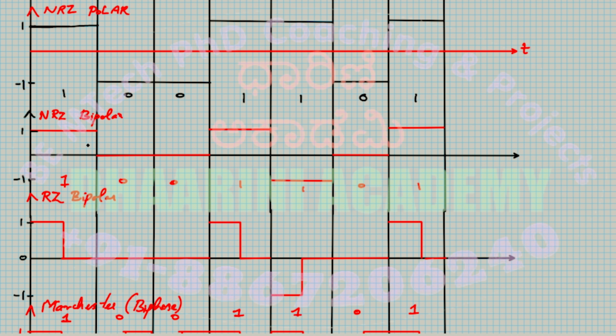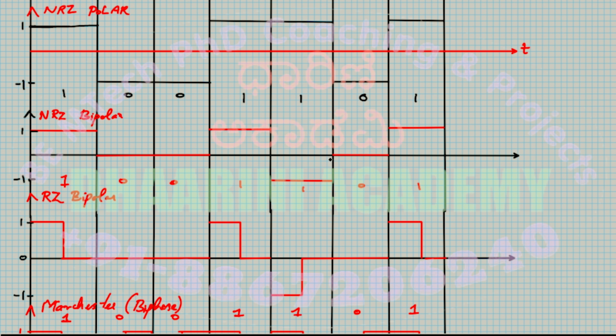But if I have consecutive ones, the first one will be plus 1, then the next one will be minus 1. If you have one more 1, the third one will once again be plus 1. So alternate plus and minus signs for consecutive ones only. No problem with 0. For zeros, it will not change.